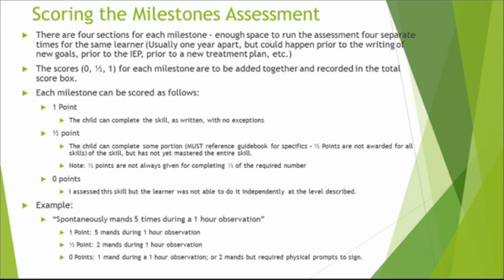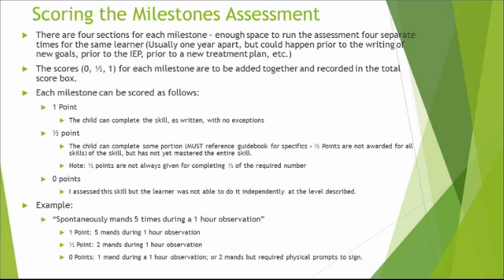When we look at the scoring of the milestones, there are four sections. Is there enough space to run the assessment four separate times for the same learner? You usually do the assessment 1 year apart, but you might do it when you come into a new school, or when you meet new students, new learners, new clients.